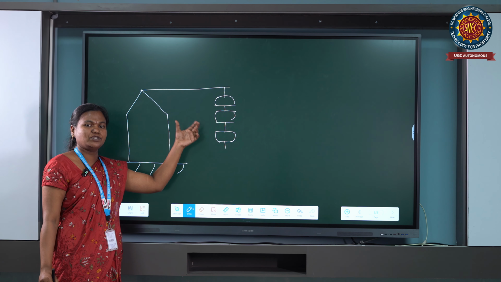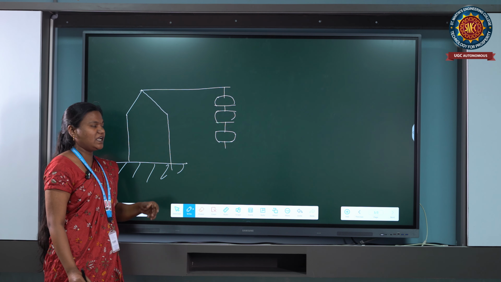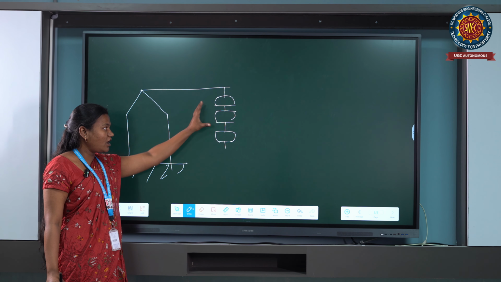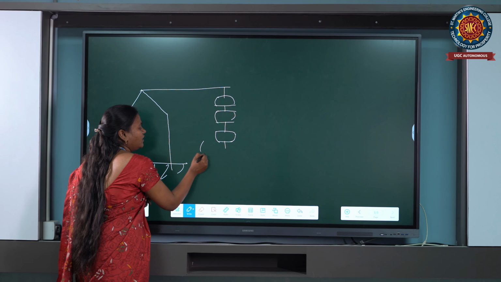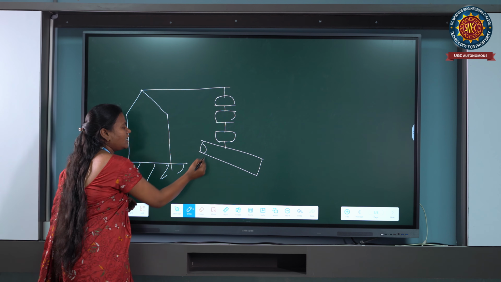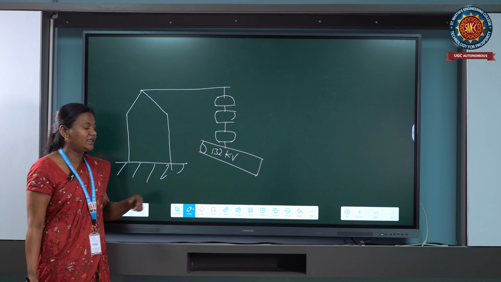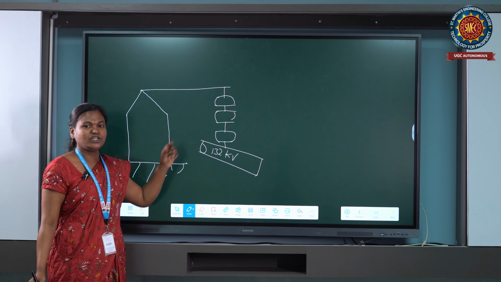This suspension type insulator disc will protect the transmission line. At the end of the disc we connect a conductor carrying a 132 kV line.